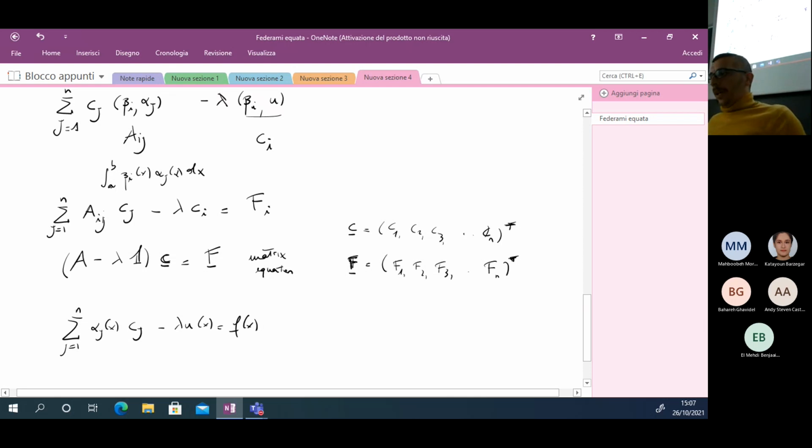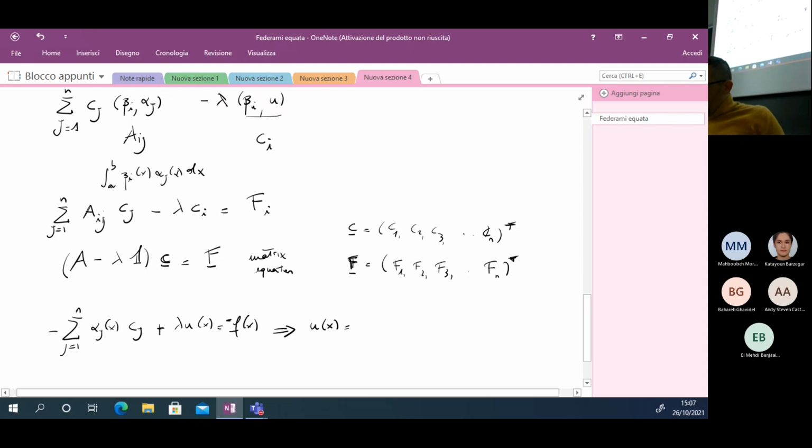If I'm solving with respect to u, what I find is that u of x is equal to, let me change the sign here. So there is a minus here, a plus here, and a minus here.